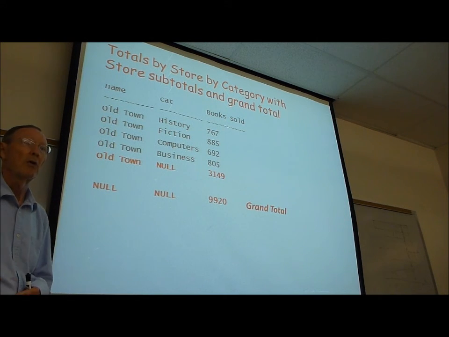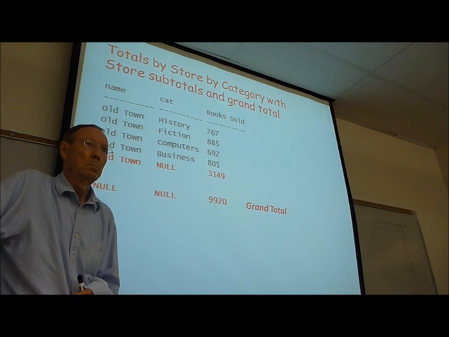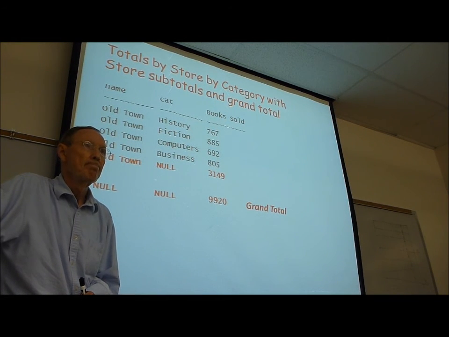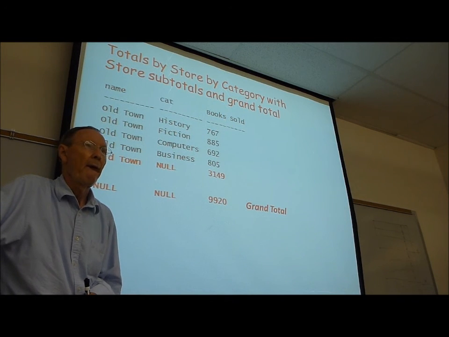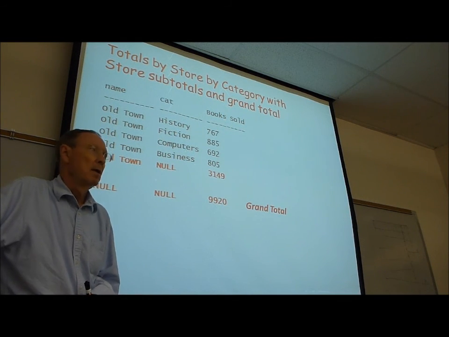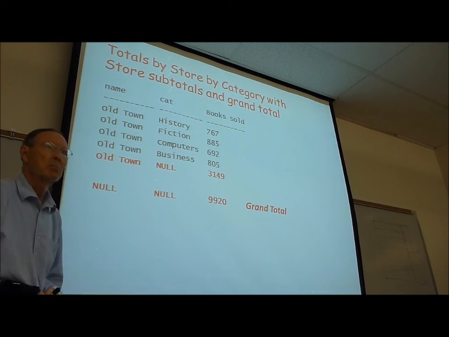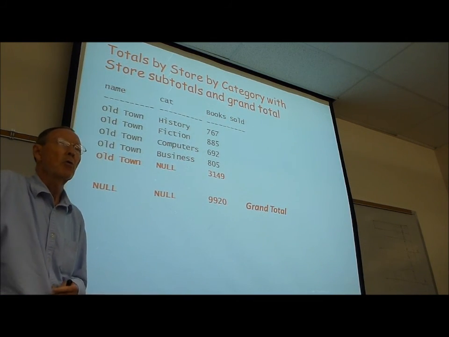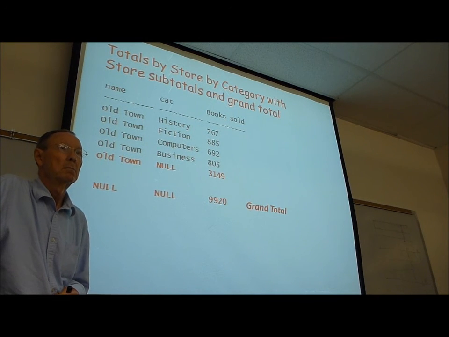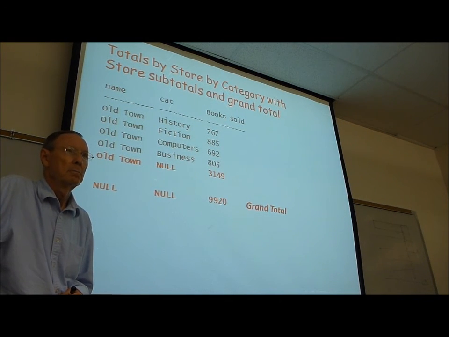It's going to be on numerics. So since you can't add words, you have no value. You can't add B and C and get anything. But this null here is just a placeholder, and it's a label. That's all it is.